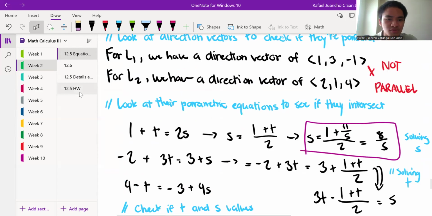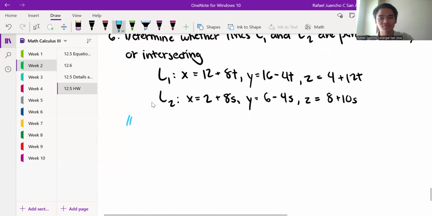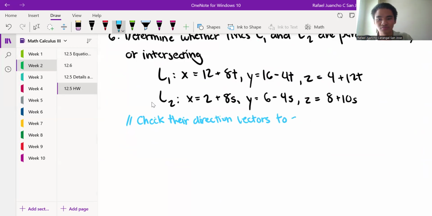Okay, let's do that. I'm going to check first if they're parallel. So check their direction vectors to see if they're parallel.